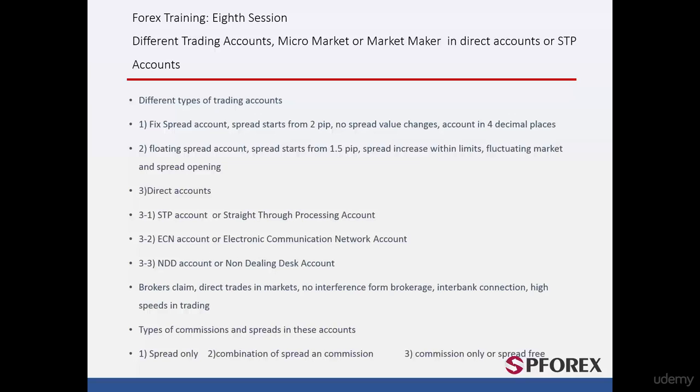The third type of trading account is a direct account. They are split into STP or straight-through processing accounts, ECN or electronic communication network accounts, and NDD or non-dealing desk accounts. Based on these accounts, brokers claim that they offer straight access to the market and there is no manipulation involved.